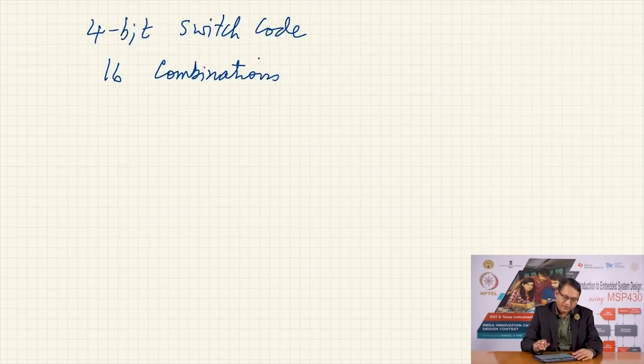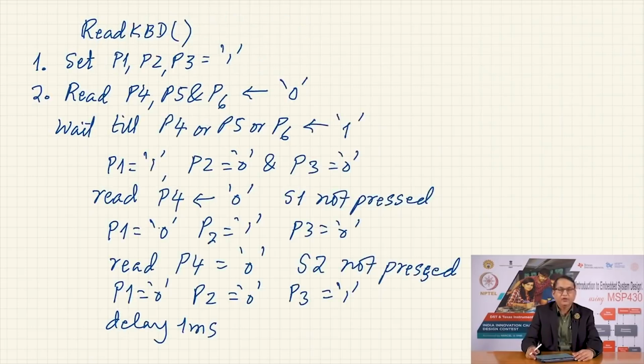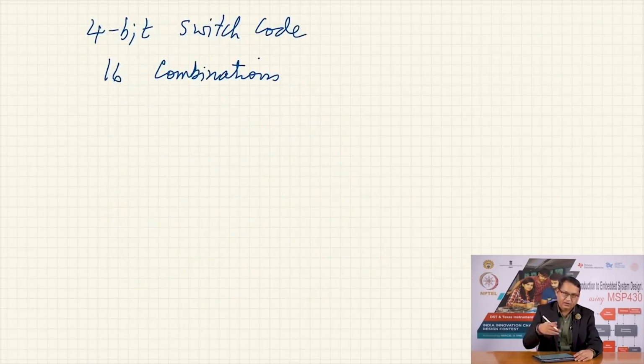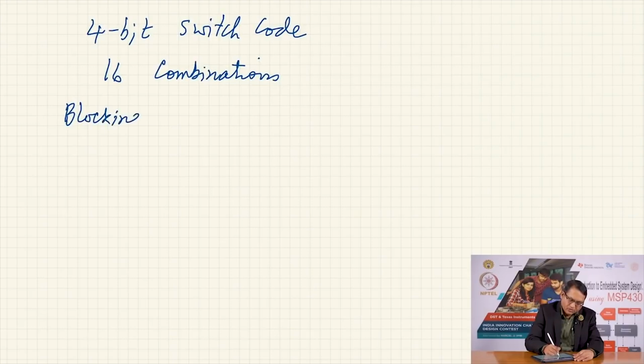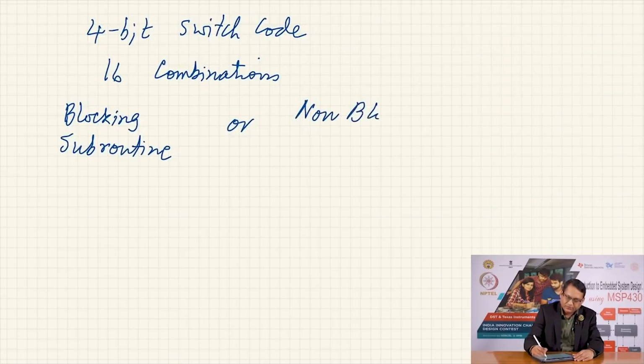Now when you create a subroutine like this, this subroutine can be written in 2 forms, and I am therefore talking about the software aspects. Any subroutine such as this, which is going to be used by the microcontroller to read external inputs, can be written in 2 forms, and they are called blocking subroutine or the same subroutine can be written as a non-blocking subroutine.